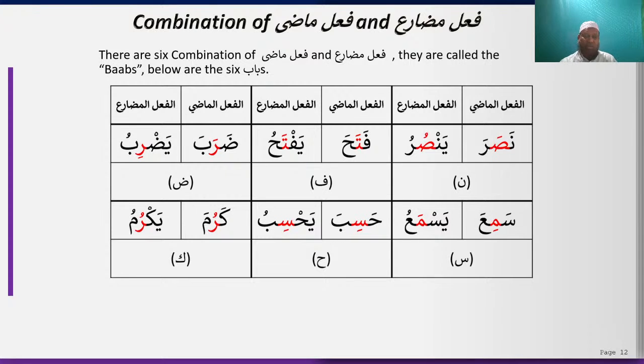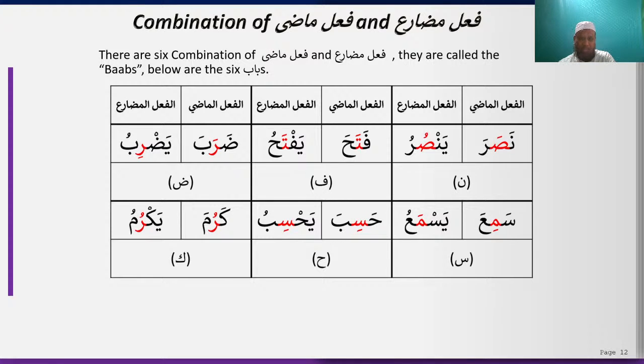Take a fa'il, nasara: he helped. So, who he helped. Is the question correct? Does it make sense? Yes. So it's fa'il al-muta'addi. Take another fa'il, akala, to eat: he ate.